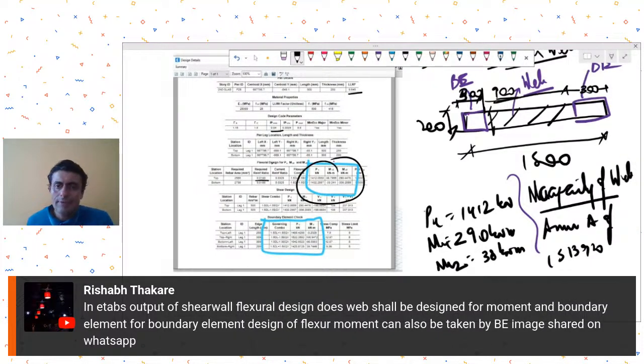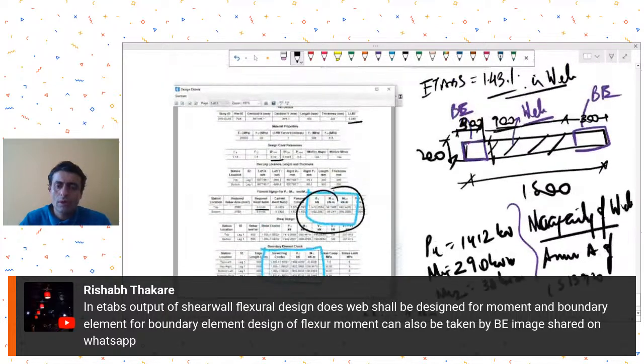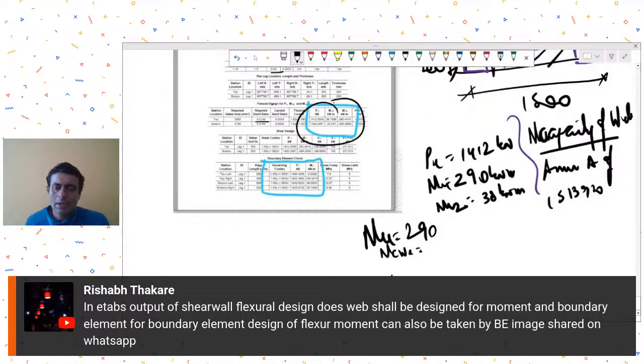Accordingly, do that. Then you say that my total moment was 290. My capacity of web is whatever you have found out. So the moment to be taken by the boundary element is the total moment minus the moment capacity of web. Now this moment will be resisted by the tension-compression couple which will be generated in the boundary element.